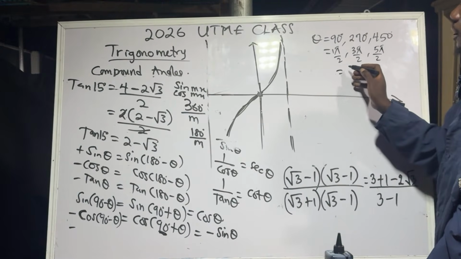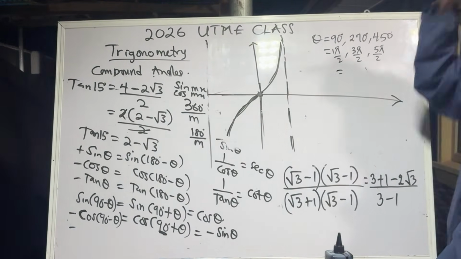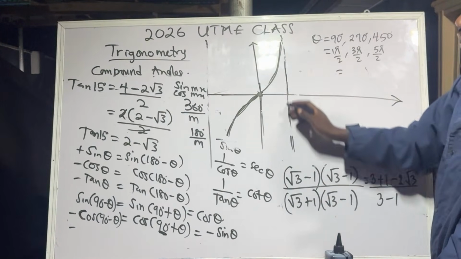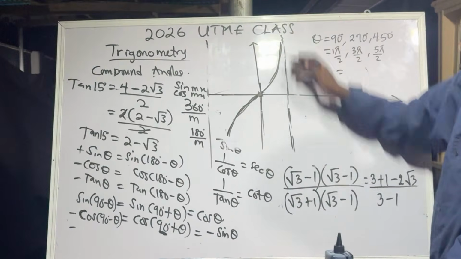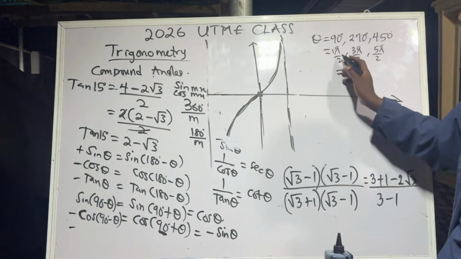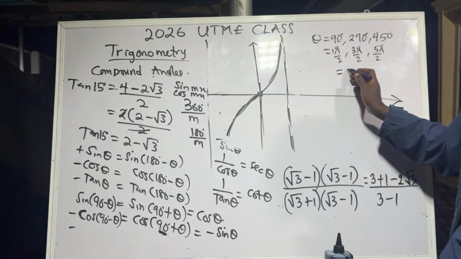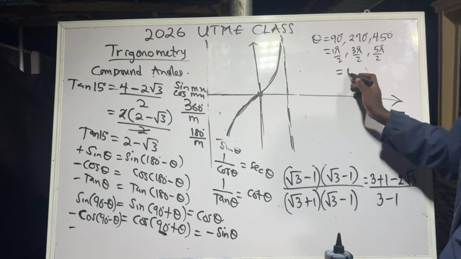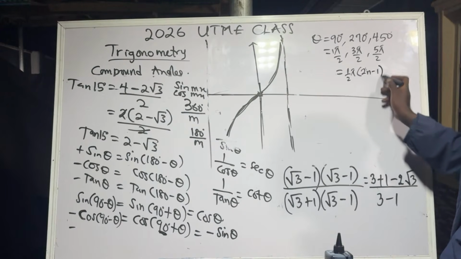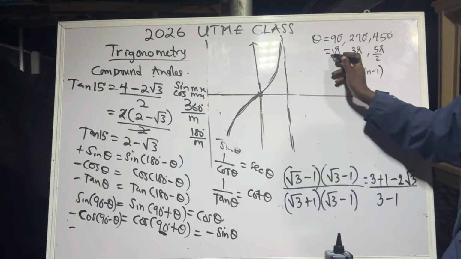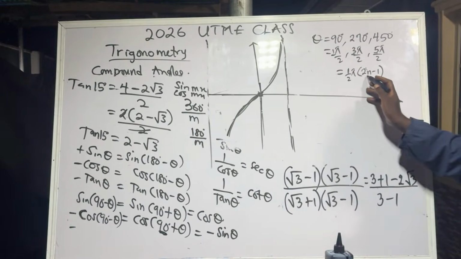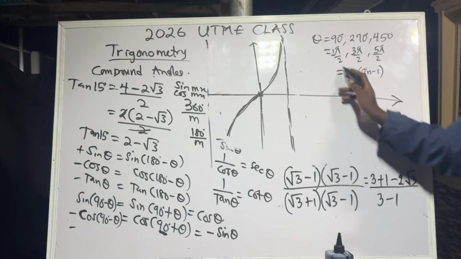So that means the point at which this curve will be asymptotic to a particular vertical line, the general formula for this should be 1 over 2 pi (2n minus 1), because all these values 1, 3, 5 are odd numbers. So the formula for an odd number is just 2n minus 1. Then remember you have over 2.